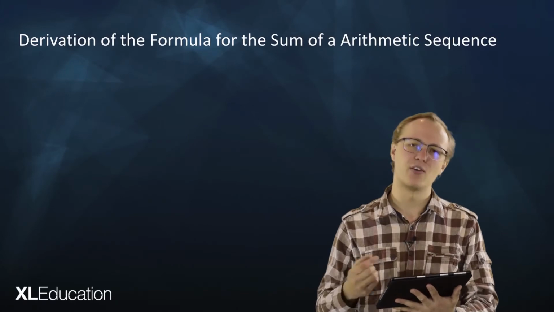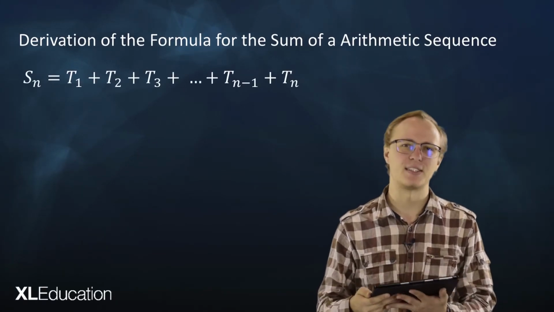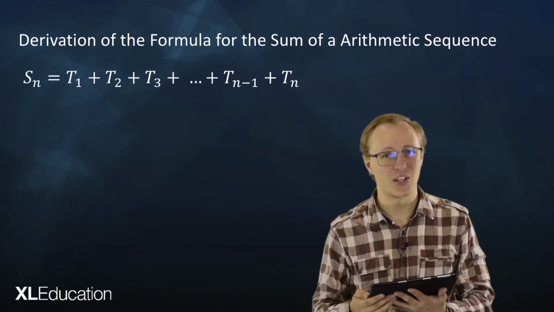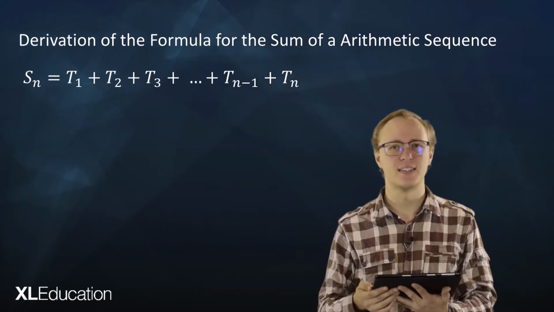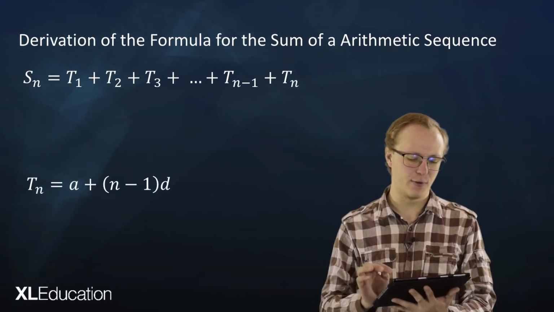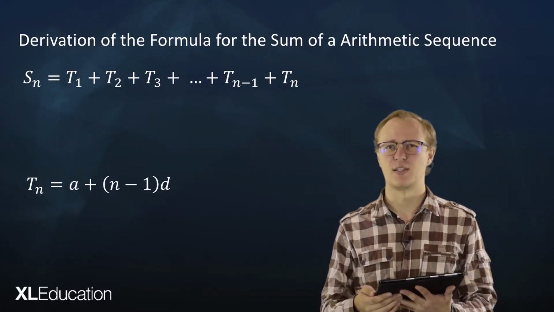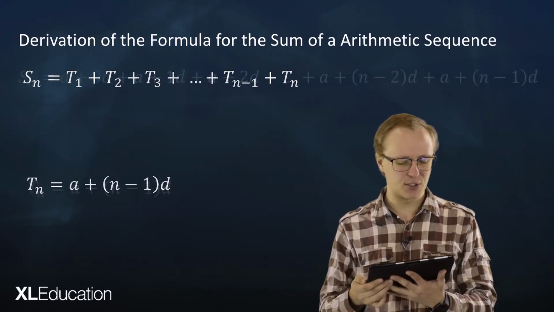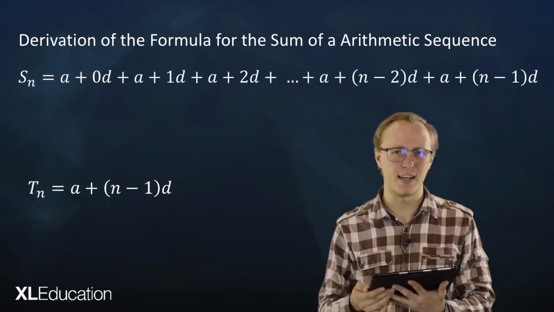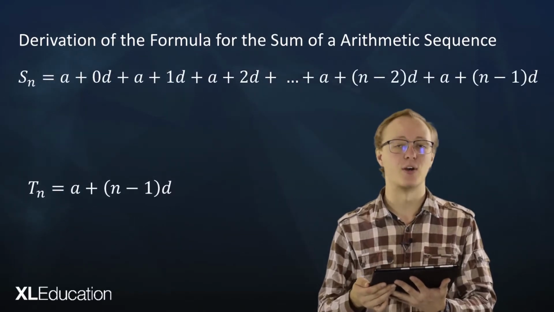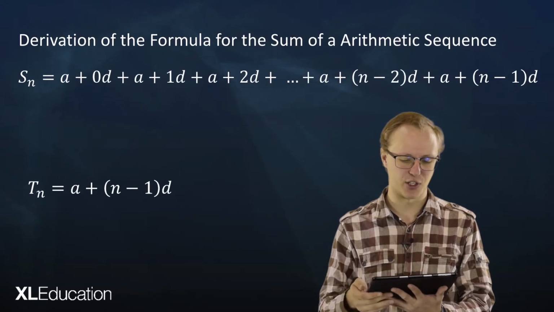So, an arithmetic series, we know, is the sum of the first n terms of an arithmetic sequence. And the formula for the arithmetic sequence is Tn equals a plus n minus 1 times d. So we're going to start by substituting in for the terms in that series expression, right?